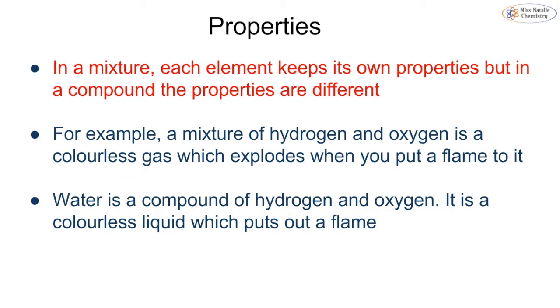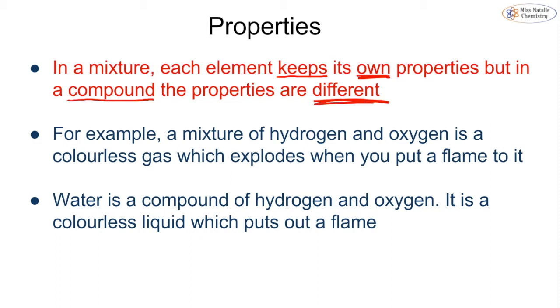Now in a mixture, each element keeps its own properties. Okay, so if we have a mixture of carbon dioxide and nitrogen, the carbon dioxide and nitrogen have specific properties that you then see in this mixture. This is different, however, for a compound, as in a compound, the properties change.